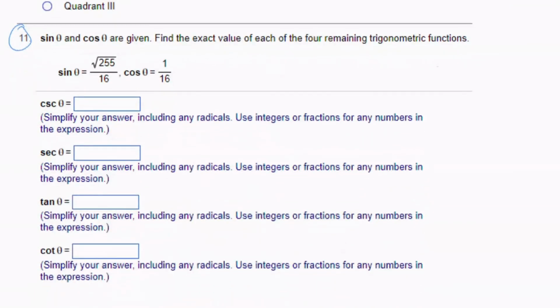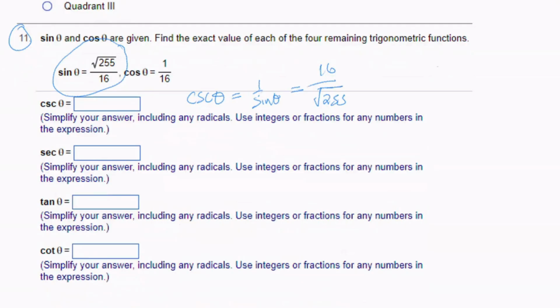So here you're just remembering your reciprocals. So cosec theta, as in the previous example, is 1 over sine theta, so just take the reciprocal of that, which is 16 over square root of 255.